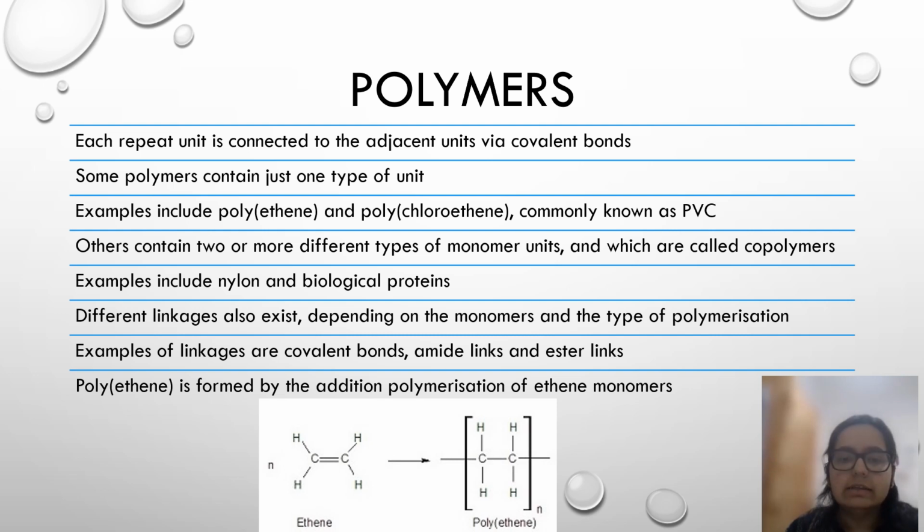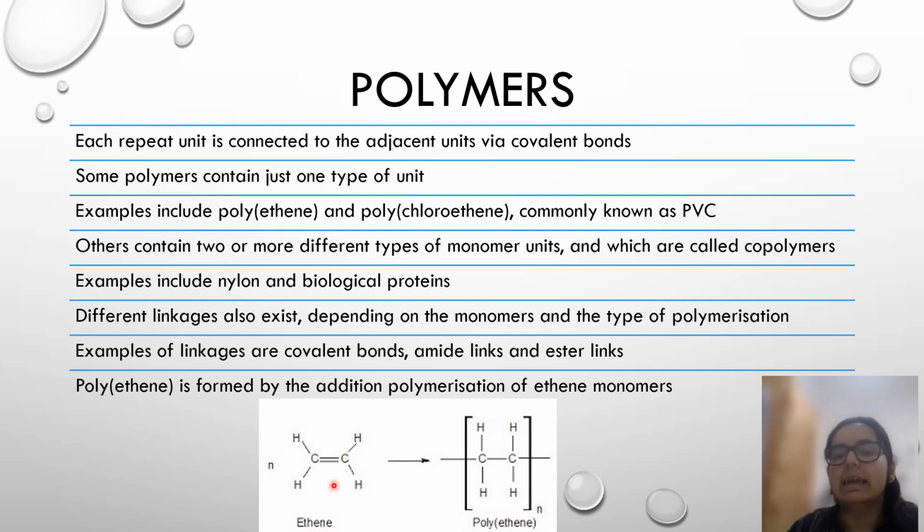Now different linkages also exist depending on the monomers and the type of polymerization. Examples of linkages are covalent bonds, amide links, and ester links. Polyethylene is formed by the addition polymerization of ethene molecules. When ethene is converted into polyethylene, basically the double bond is broken.